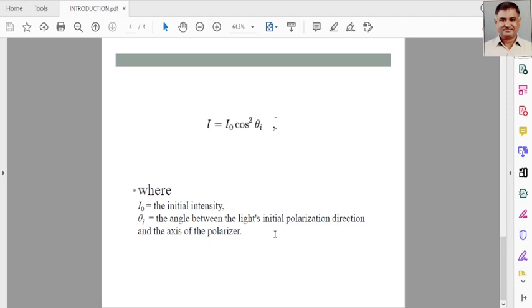The calcite crystal is an example of a negative type crystal.